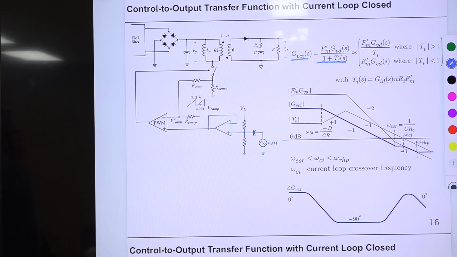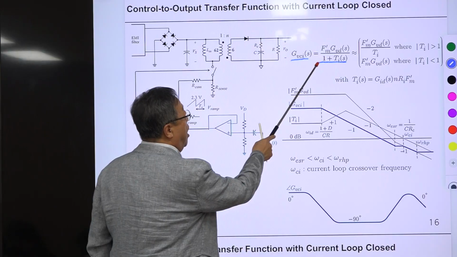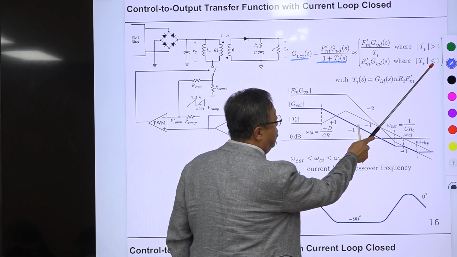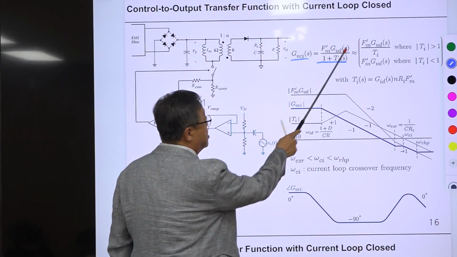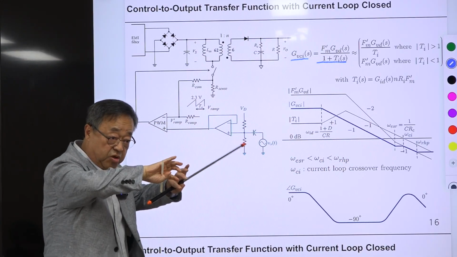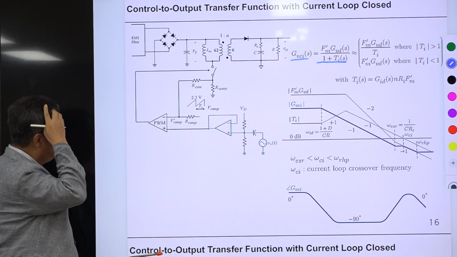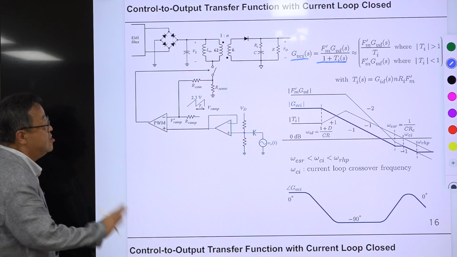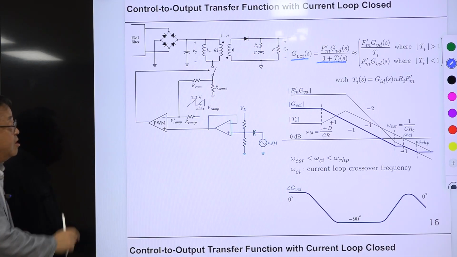So below omega Ci, you ignore this, and after omega Ci, where the magnitude of Ti is smaller than unity, then you ignore this, then you take this. Okay? So separate into two parts. That is called asymptotic approximation or asymptotic analysis. Okay? That is a very graphical way of doing this.